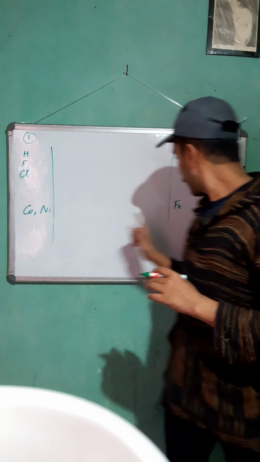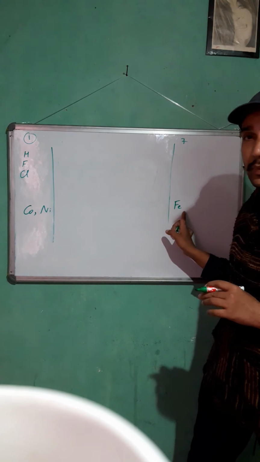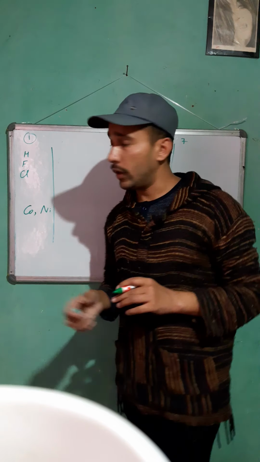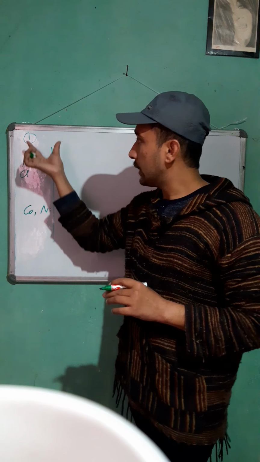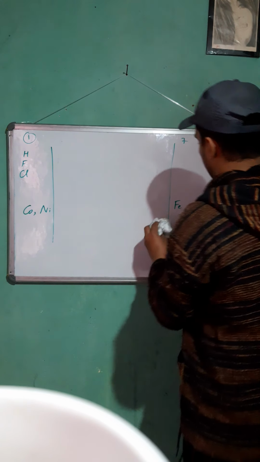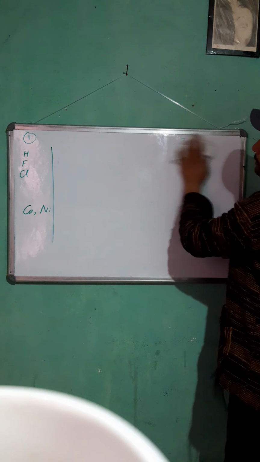But this iron was kept separately. So this was another failure, another demerit of Newland's law for the classification of elements. If you write two demerits, then that will be sufficient.